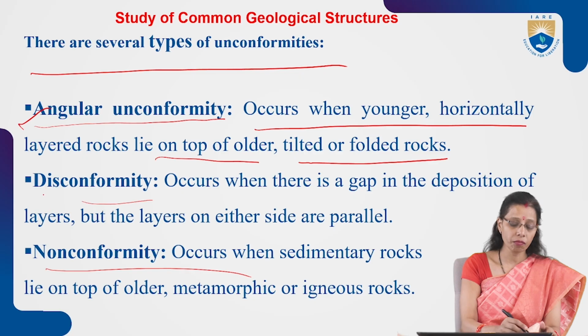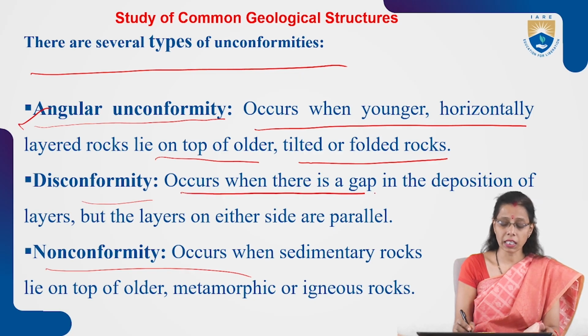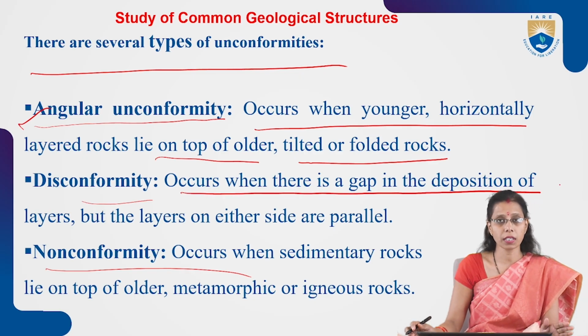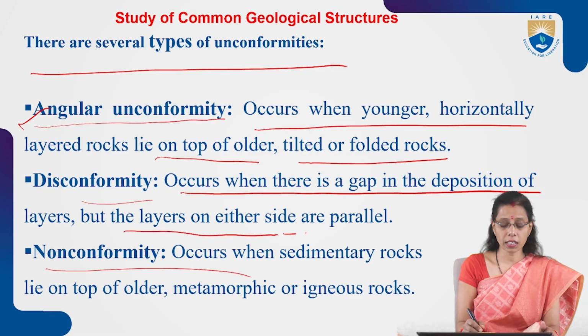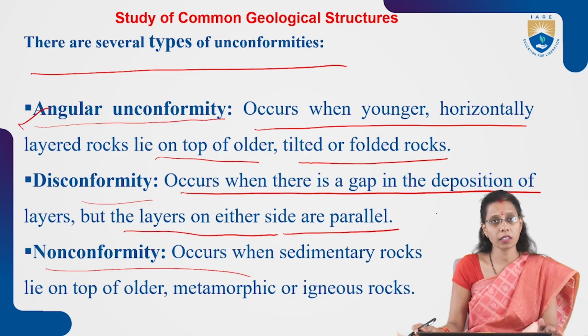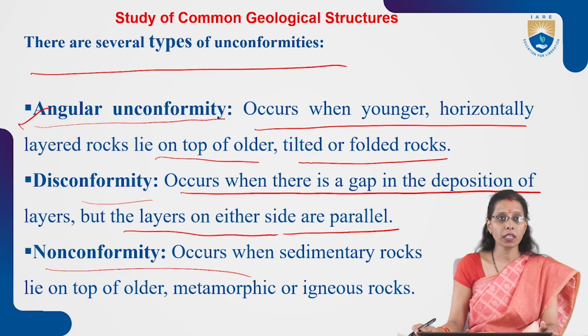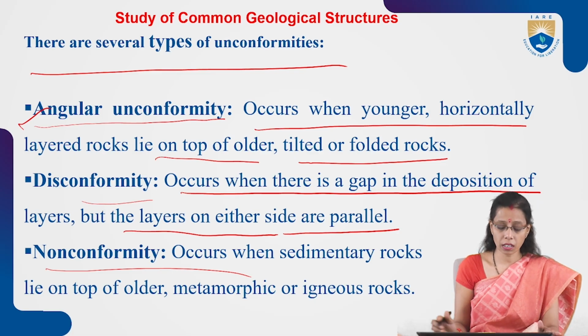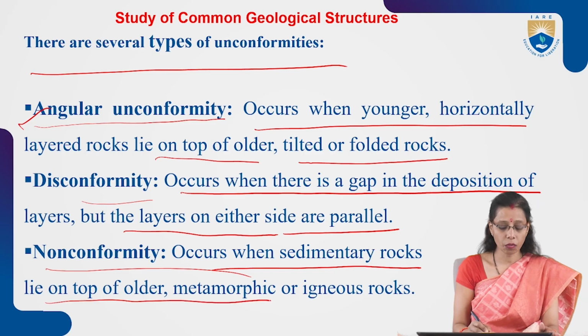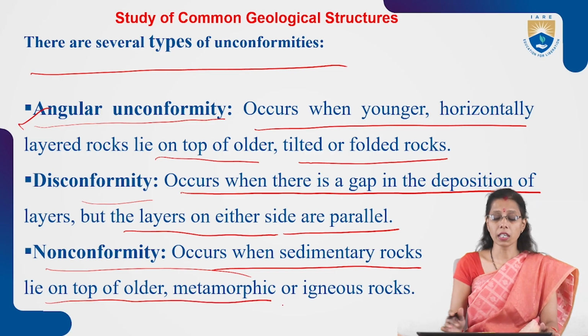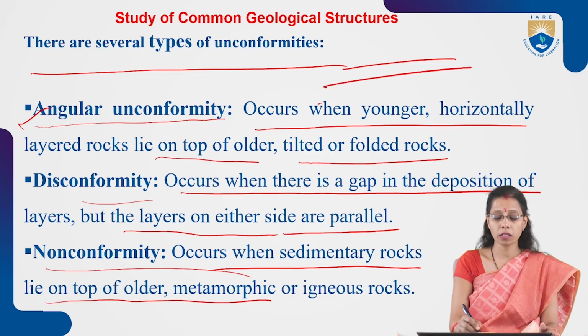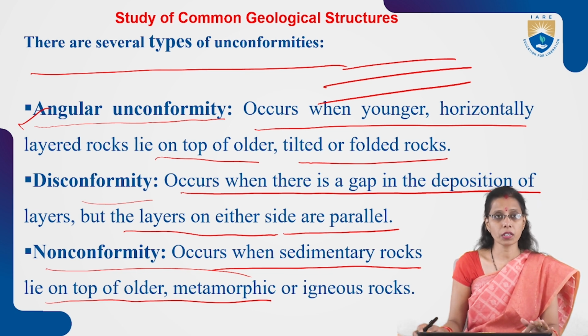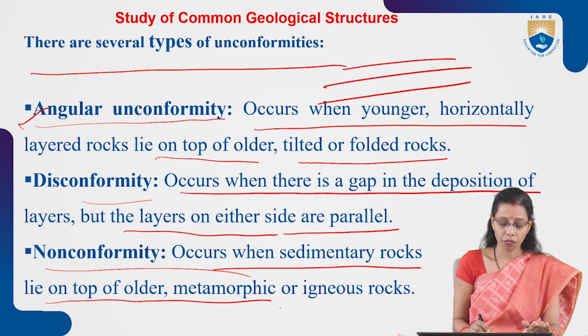Now we have a disconformity. A disconformity occurs when there is a gap in the deposition of layers, but the layers on either side are parallel. A non-conformity occurs when sedimentary rocks lie on top of older metamorphic or igneous rock.